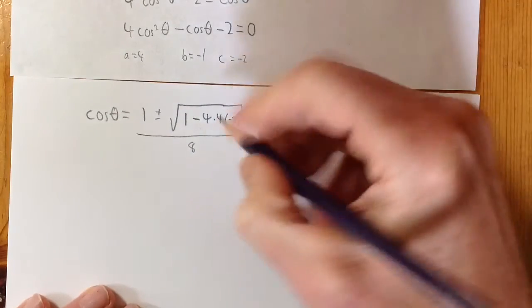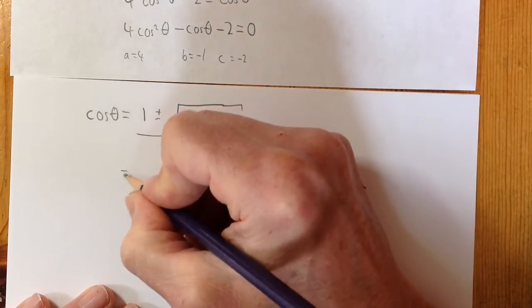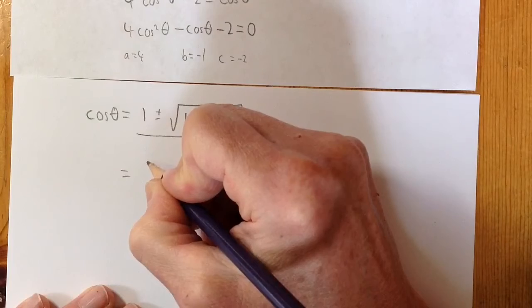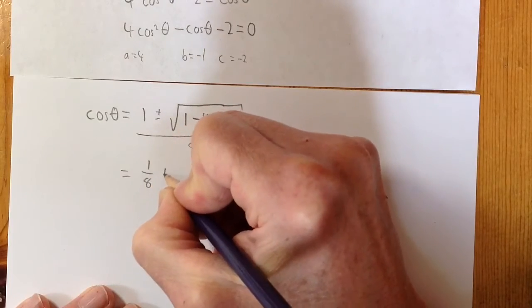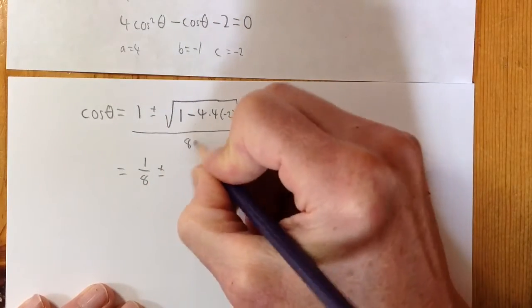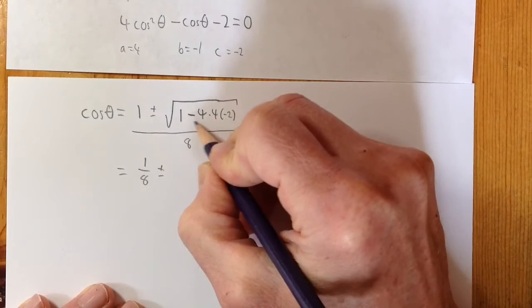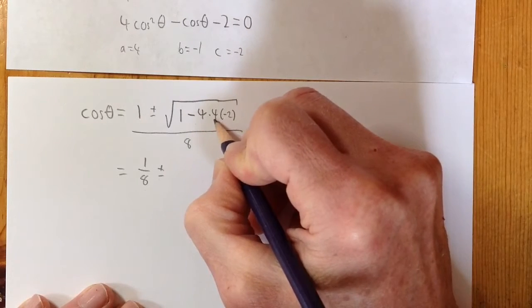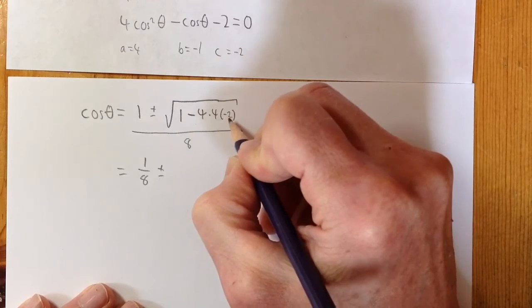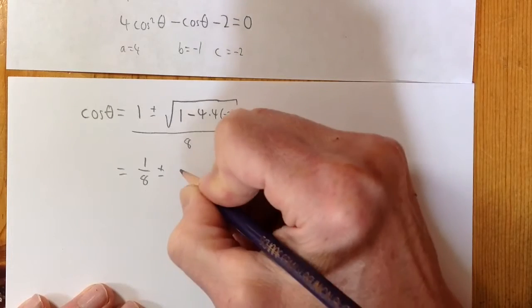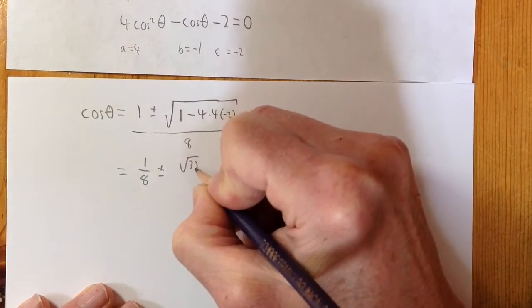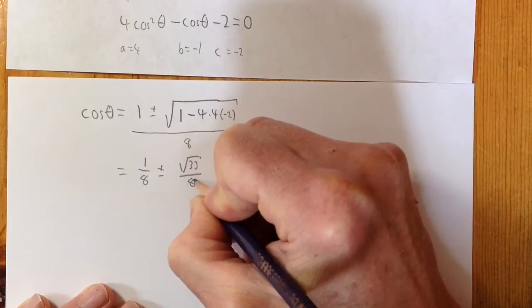Well, this isn't so bad. That's equal to 1 over 8, plus or minus the square root of, let's see, that makes it plus 4 times 2, 16, 32, plus 1, square root of 33, over 8.